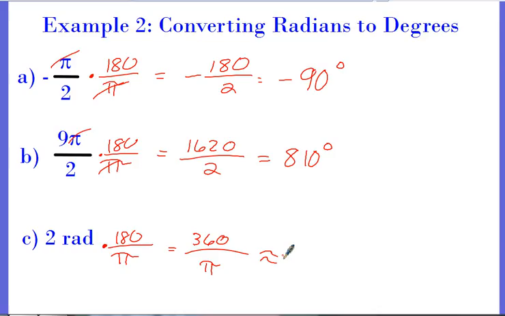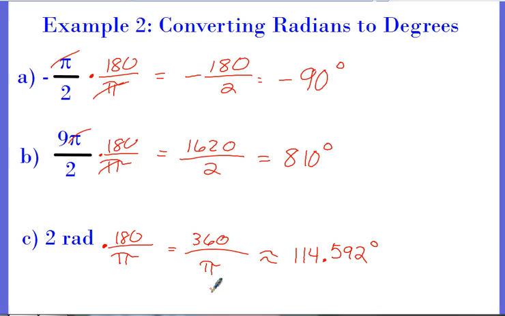Second, the caret, right? So I don't want you to use 3.14. I want you to use the pi button. So what do you get? Point what? Always. How many decimal points do we round to in this class? 3 decimal points. Make sure you round correctly. So this is 114.592 degrees.